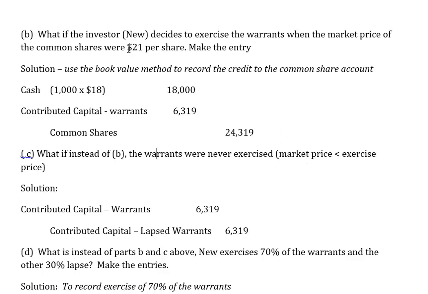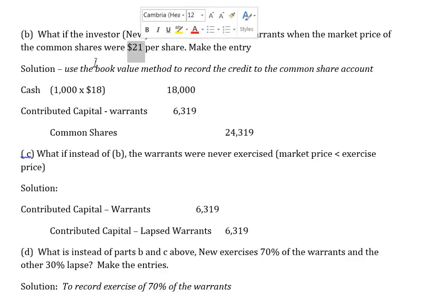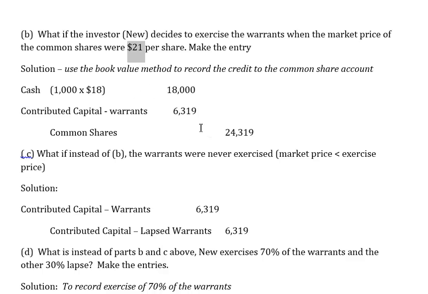Notice here in Part B what happened is because the market price of the shares was $21, although we didn't use the $21 in this entry, I just stated the value of $21 to prove to you that because the shares were trading at $21 a share and you could buy them for $18, this would be a favorable situation where you would find that the investor would, if they chose to, exercise the warrants.